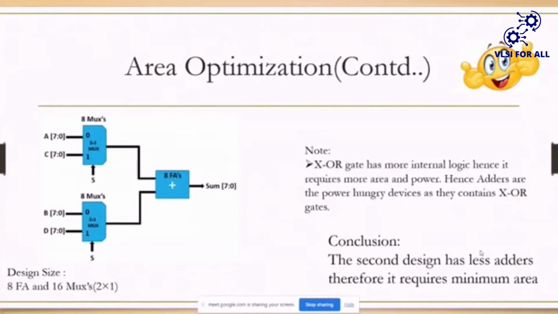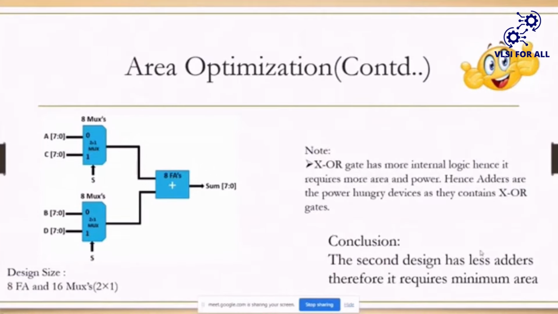So this design requires less area, so that the power requirement is less in the second design. So now the emoji is happy because the power dissipation is less, consequently the area is less. Hence we have given the conclusion, team.